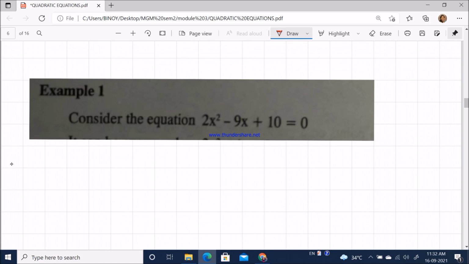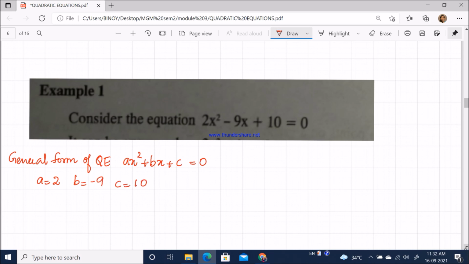Okay. So the general form of a quadratic equation is ax square plus bx plus c equals 0. So the value of a is 2, b is minus 9, c is equal to 10.